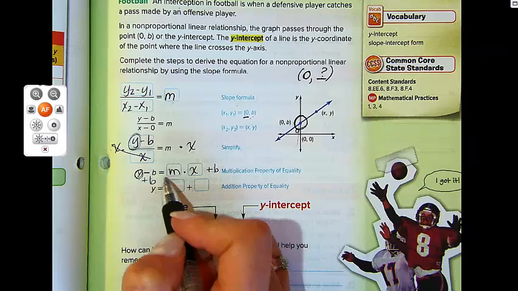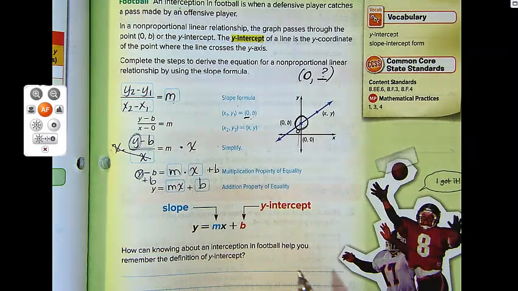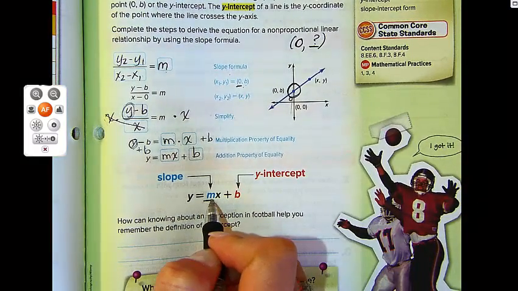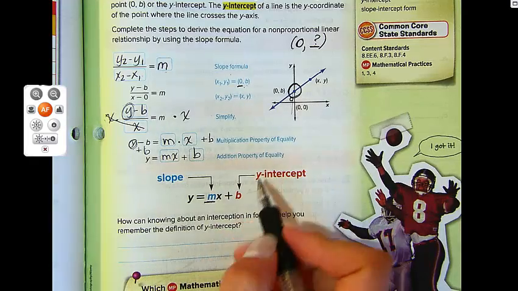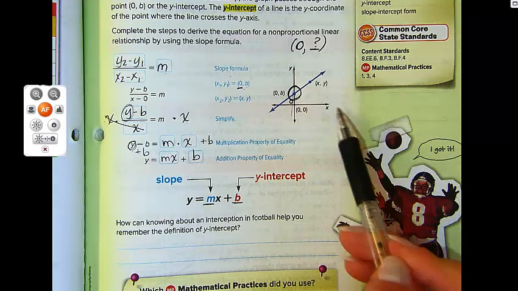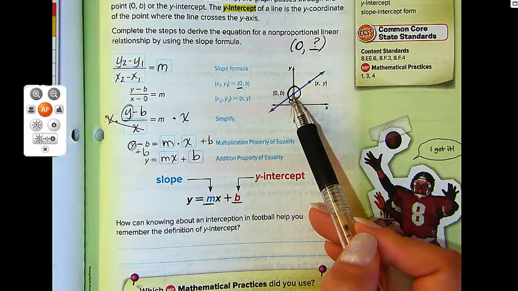So my answer is y equals mx plus b. And in that equation, my m, you already know that the lowercase m is slope. The b then is the y-intercept, where this line crosses the y-axis. That's what my b is.